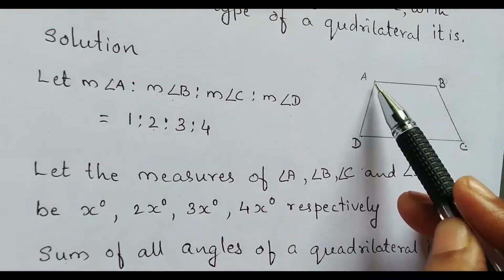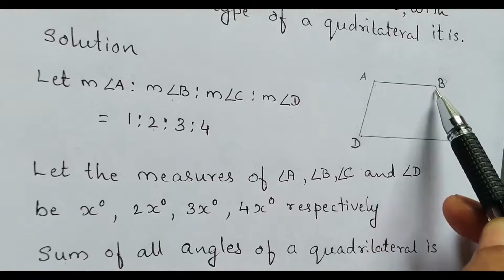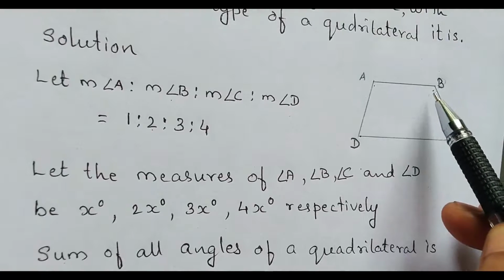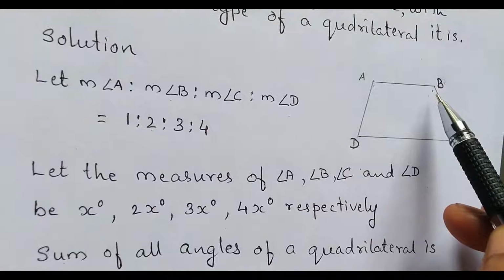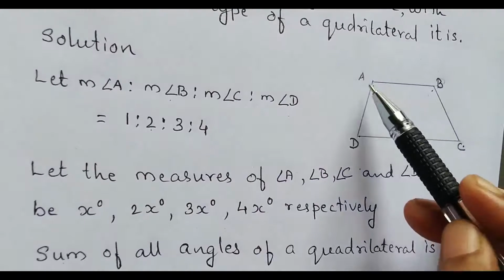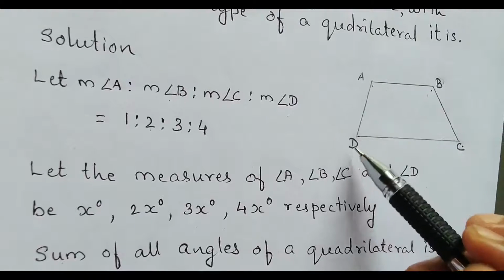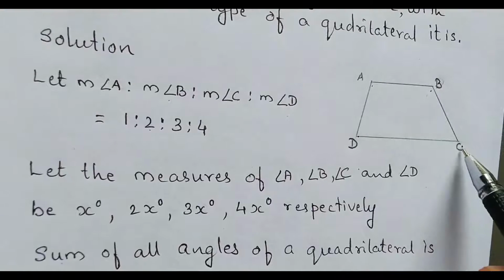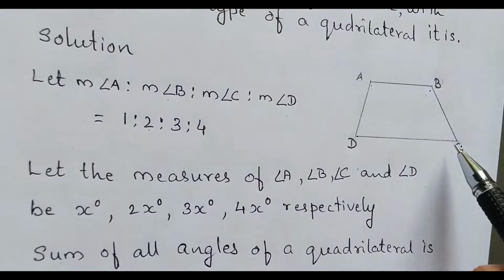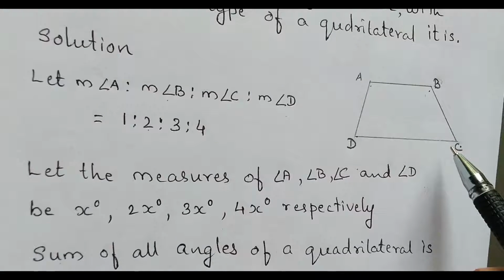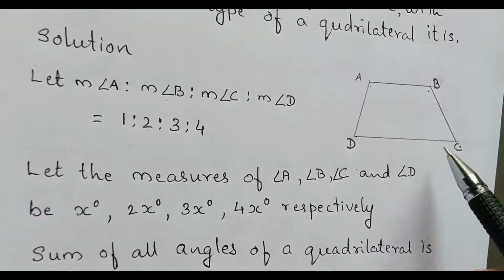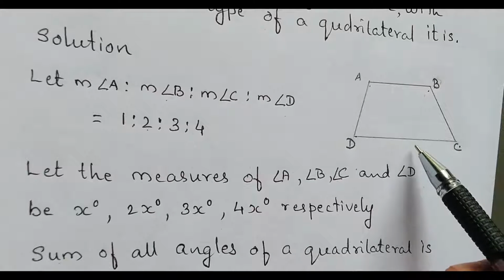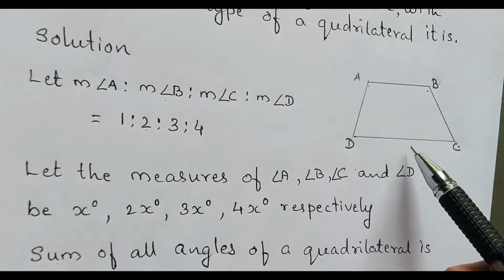But if you add the measures of angle A and angle B, it is not equal to 180 degrees. That means side AD is not parallel to BC. So we have only one pair of opposite sides parallel. So what type of a quadrilateral is ABCD? Yes, quadrilateral ABCD is a trapezium.